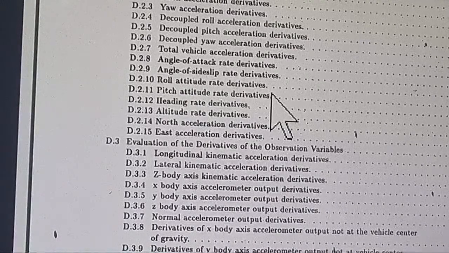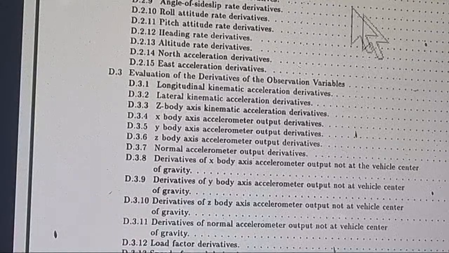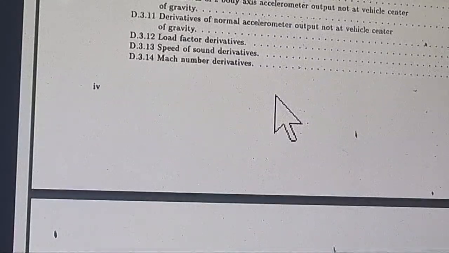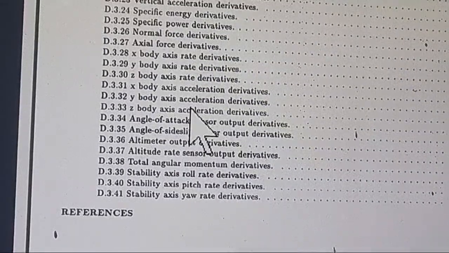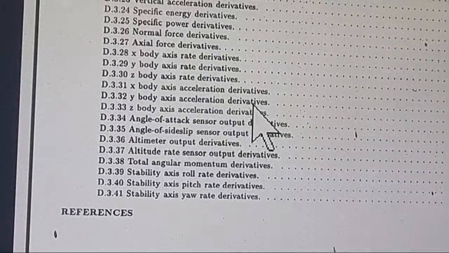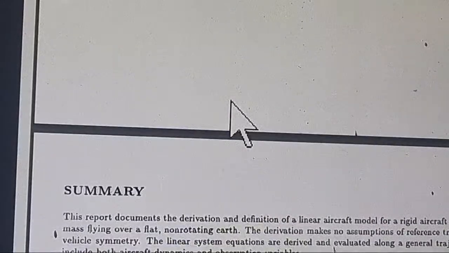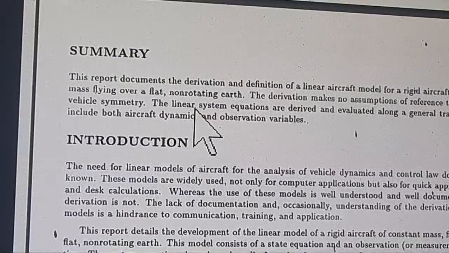You have to be very smart to become a pilot. But this covers every possible aspect of flight, and the book is written by NASA. All of this stuff is just the theory and provable ways that work in order to fly. Now we're coming down to the summary of what's in the book.